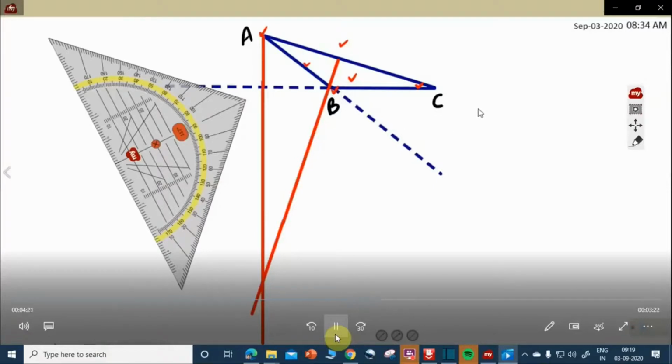So again, a set square is required for the purpose. Now I can use the set square to draw the altitude.